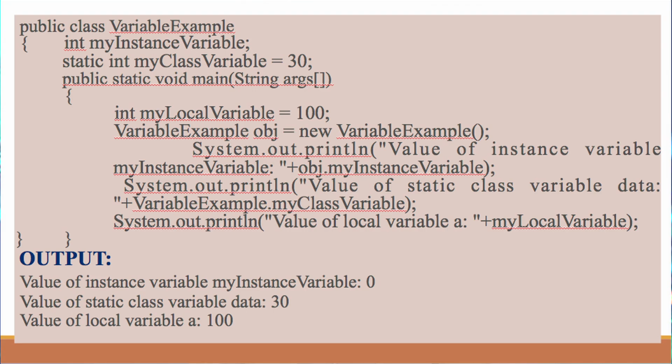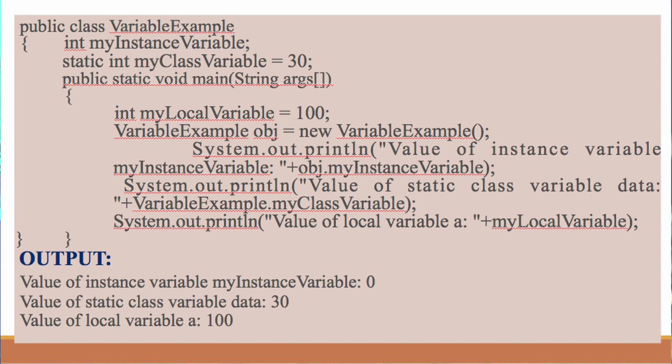Then inside main we have defined the object of the class. VariableExample is the name of the class, and its object is obj equals new VariableExample. When we print the value of the instance variable, we write obj dot the name of the instance variable, and in case of the class variable we use the class name.